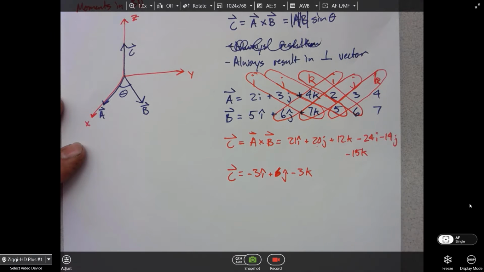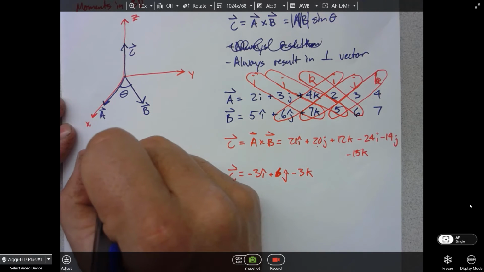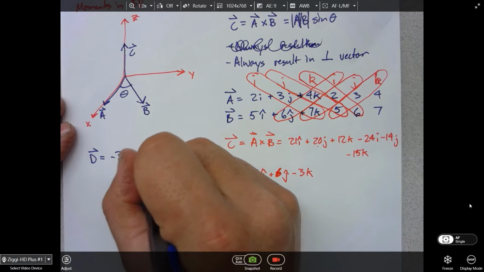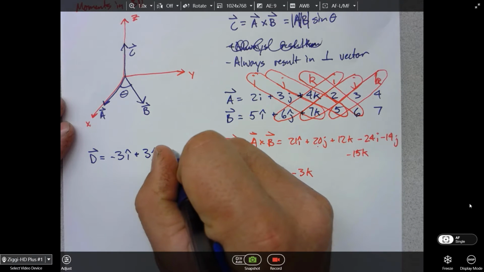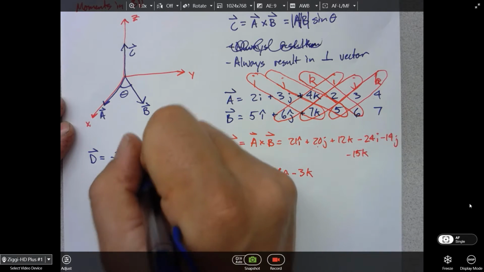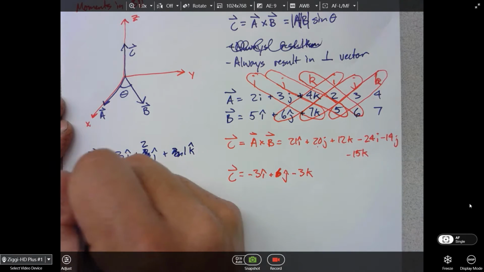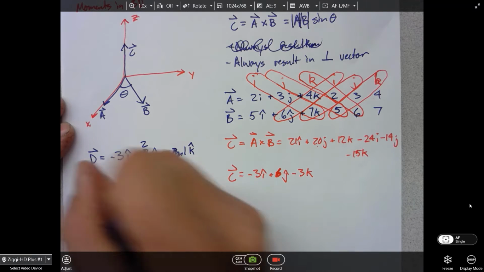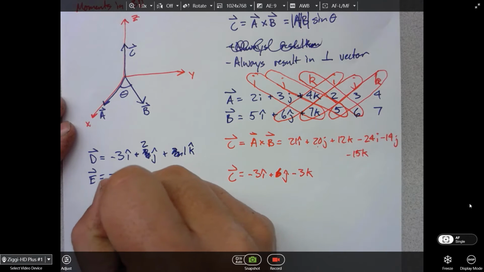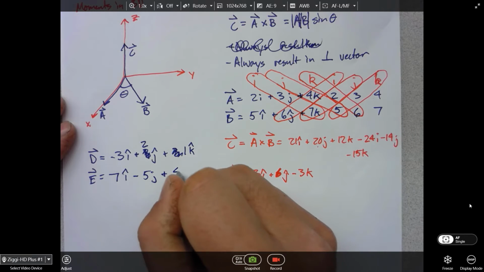So here, I'm going to give you two more vectors. D, I'll give you as negative 3i plus 2j plus 1k. And E, I would like you to do 7i minus 5j plus 4k.